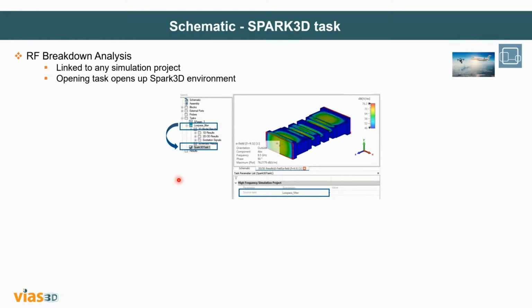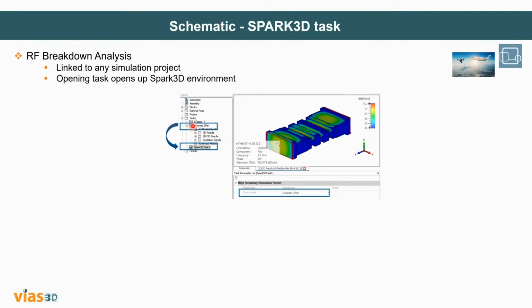So let's say you make some changes in the model, and you don't need to transfer the mesh from CST Studio to Spark 3D again and again. Now there is an automation link established between Spark 3D and CST.